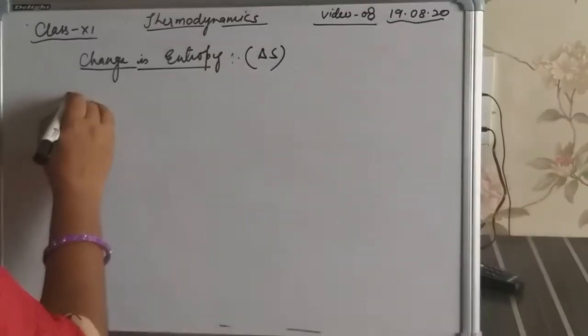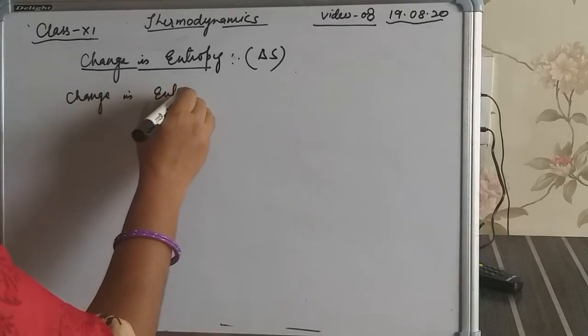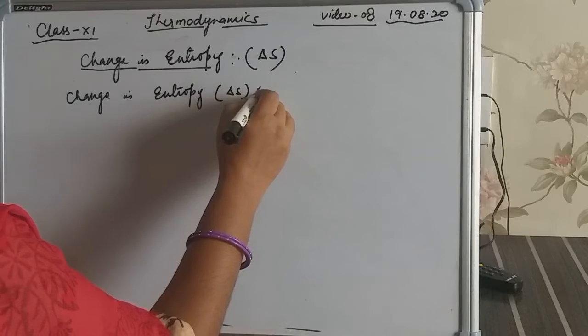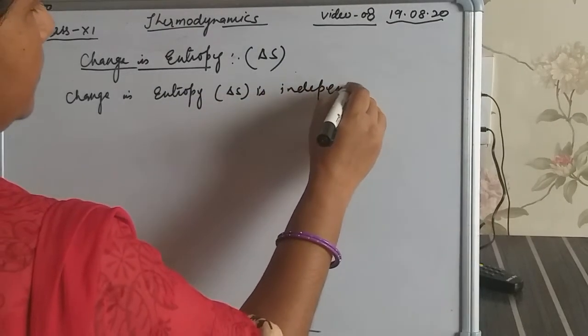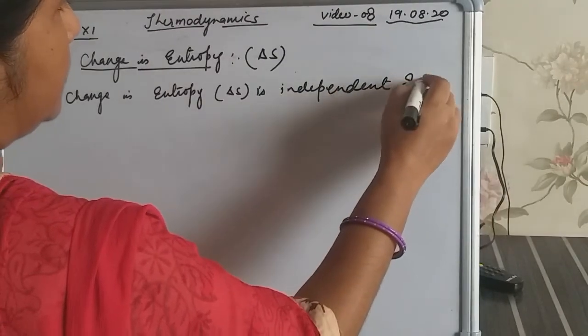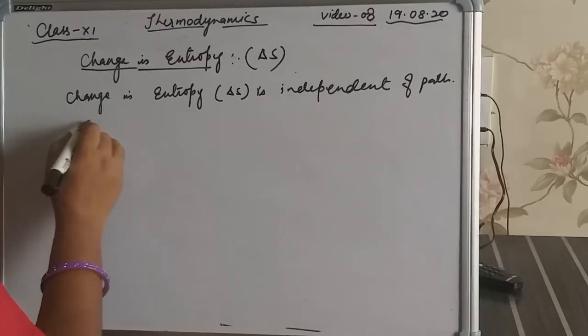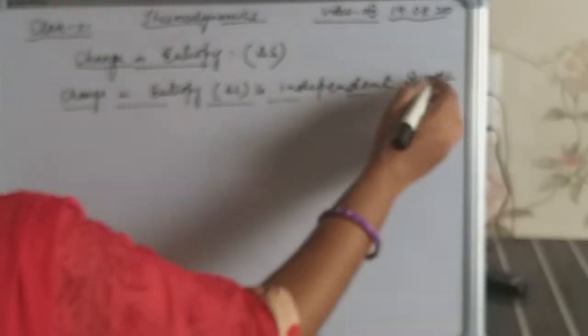Change in entropy is independent of path. So how can we find out the change in entropy?